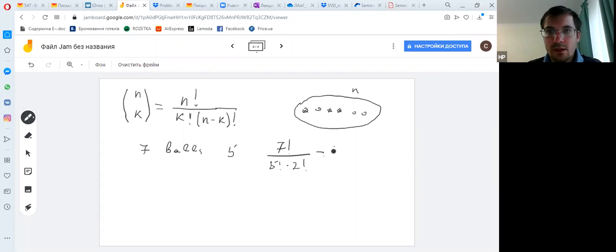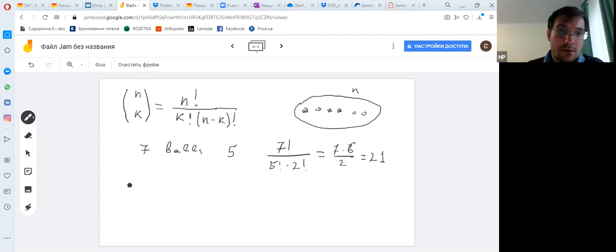This is 7 multiplied by 6 divided by 2, which equals 21. So you have 21 possibilities to take 5 elements from 7 elements.